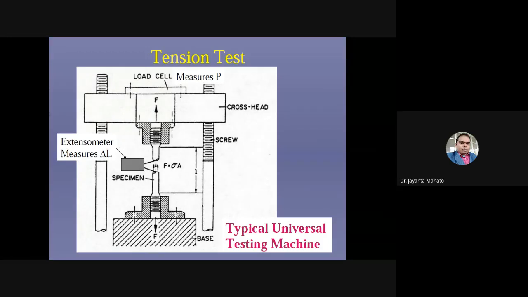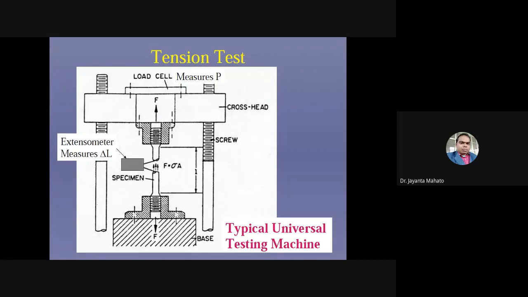You give the command to the machine that, suppose, 50 Newton of load will increase per unit time. So this is the rate of load, and this control is called load control.